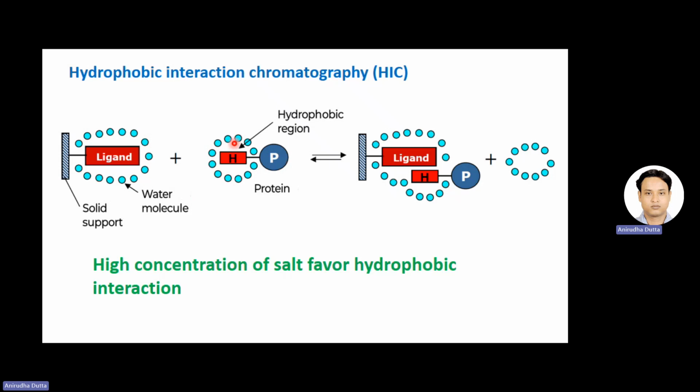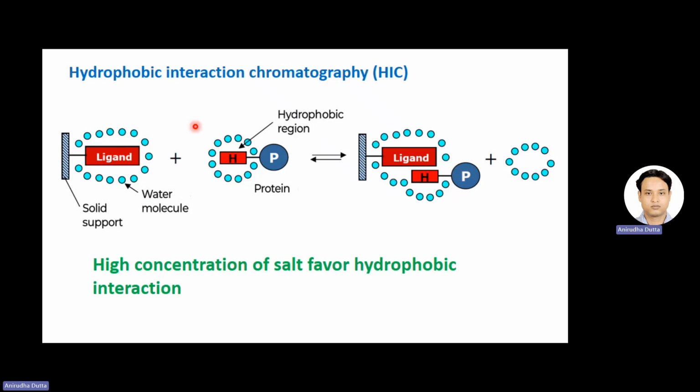If we apply this protein to the matrix, then because of the hydrophobic interaction, the protein would bind to the hydrophobic ligand, and the structured water would be removed. To remove this structured water, we have to have a high concentration of salt. As we already understood, a high concentration of salt favors hydrophobic interaction because it removes the structured water around the hydrophobic patches.